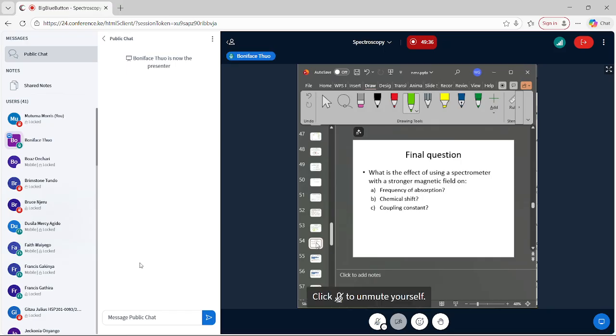Someone? There are only two choices. Just pick one. A stronger magnetic field increases the frequency of absorption. Yeah, that's correct. What is the effect on chemical shift? It will decrease the chemical shift.